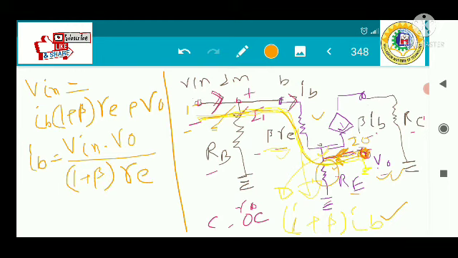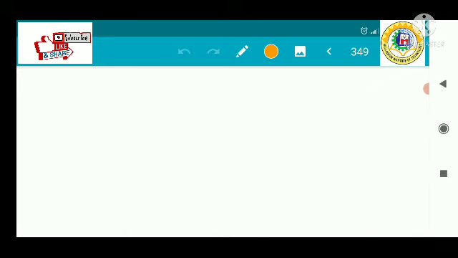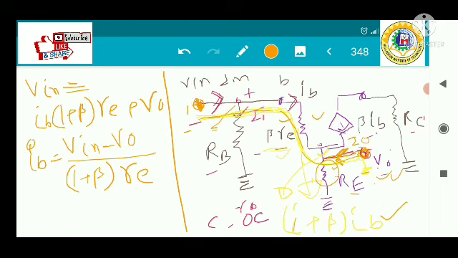Don't get confused, I am just going from this terminal: Vin minus 1 plus beta into RE minus V0 equals 0, so IB equals Vin minus V0 divided by 1 plus beta into RE. Now, as I have said, V0 equals 1 plus beta IB into RE, the simple voltage drop across the resistance.